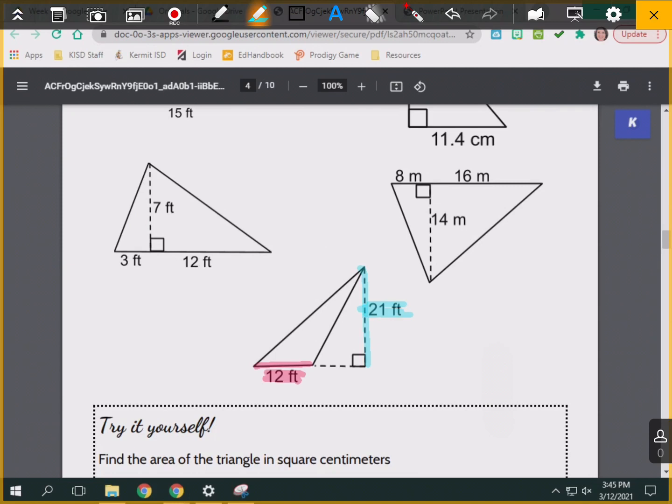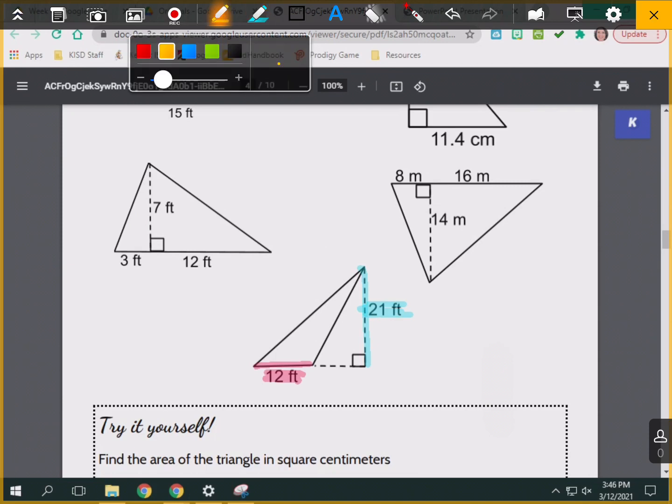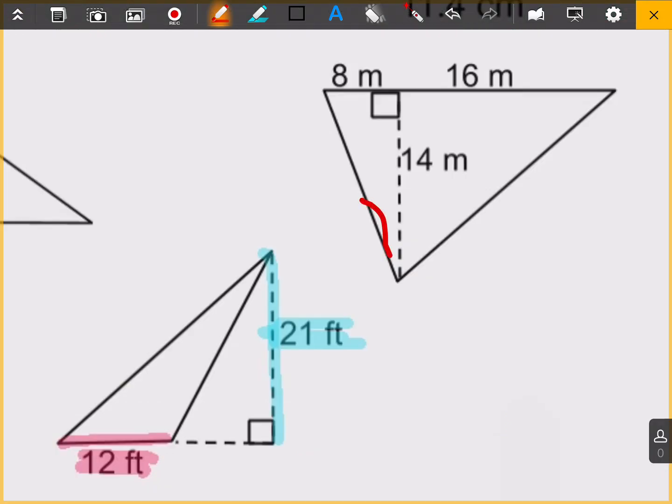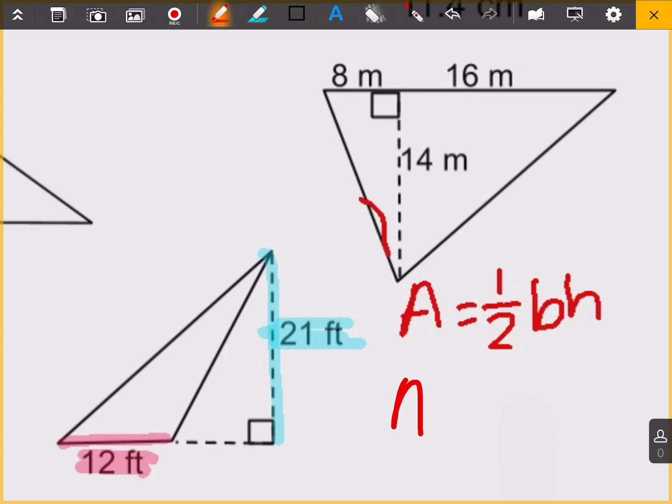So in order to find this one, we're going to write out the area formula again. Area equals 1/2 base times height. So I'm going to plug this in. Area equals 1/2. The base is 12, so times 12 times 21.